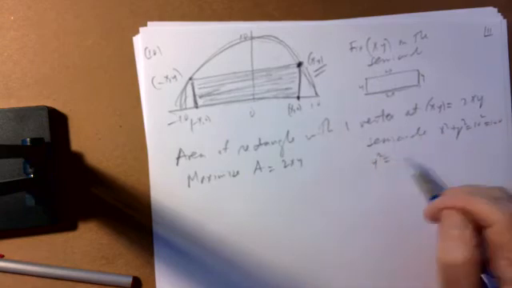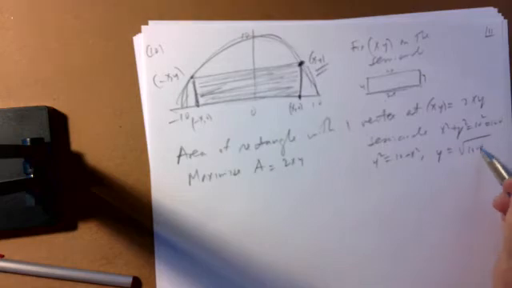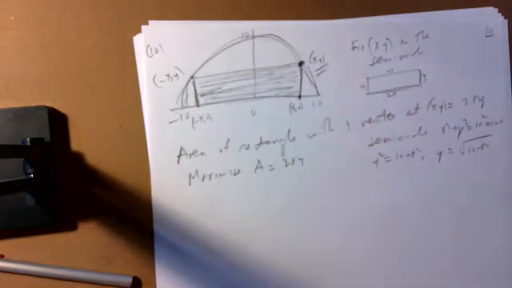So y squared is 100 minus x squared. So y is plus or minus the square root of 100 minus x squared. And if we want the top half of the semicircle as I've drawn it, you take the plus sign. So y is the square root of 100 minus x squared.